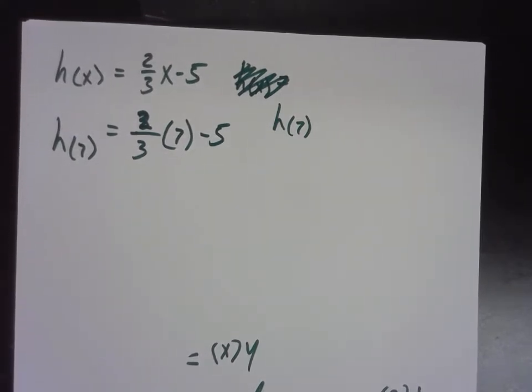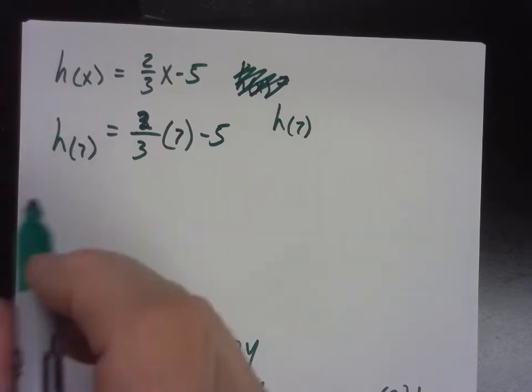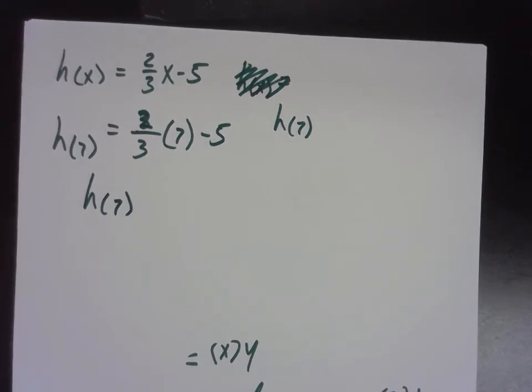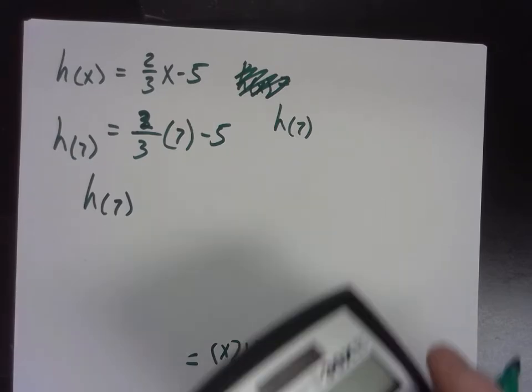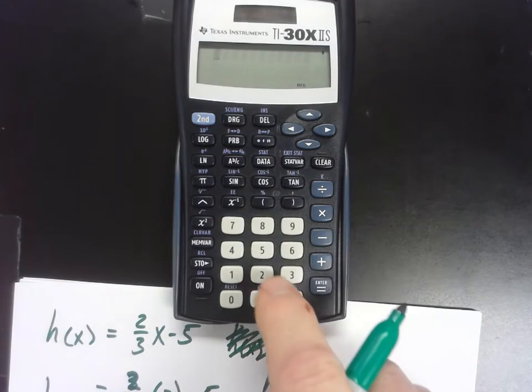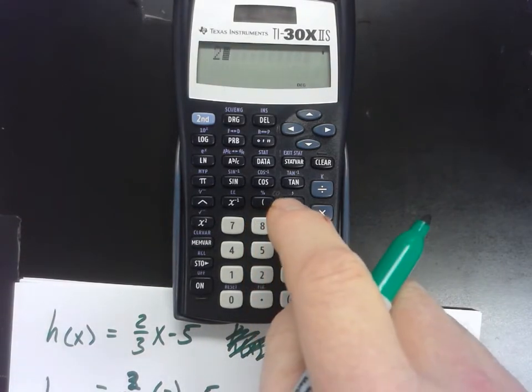Is it okay to use a calculator? Yeah. Sure, yeah. So, you know, h of 7, where's my calculator? It's kind of nice to have the fraction key on here, isn't it? Especially when we're doing 2/3 times 7.